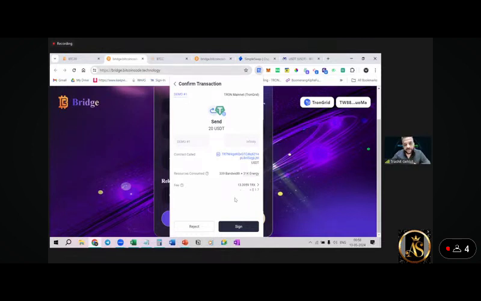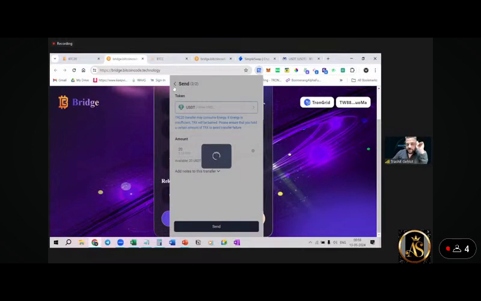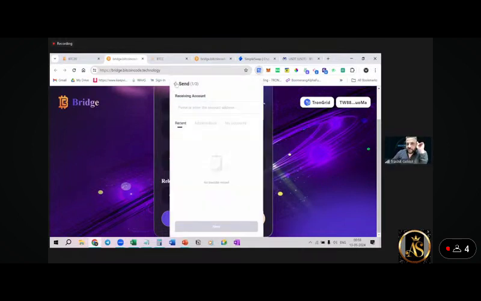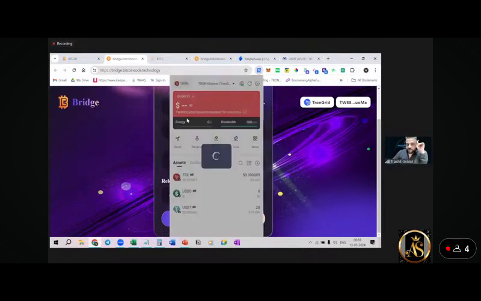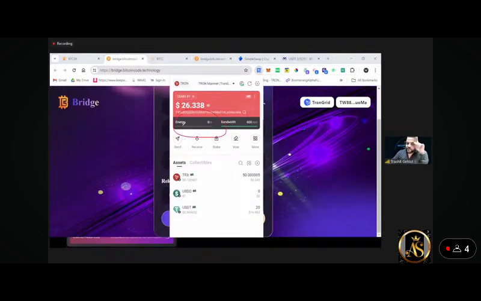So still high. I hope you all know that Tron wallets run on energy and bandwidth. Over here you can see the bandwidth and energy. Do you know that you can borrow energy?